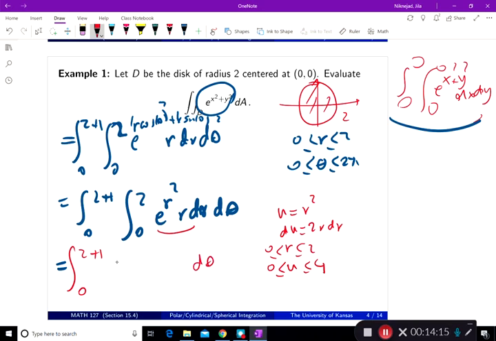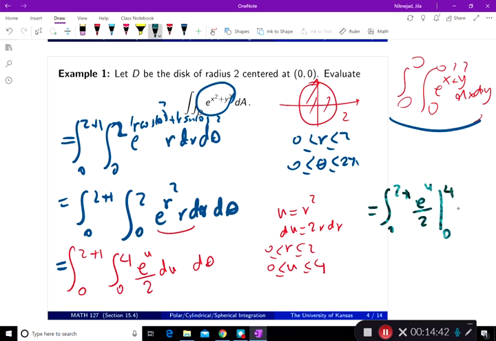The inner integral becomes the integral from 0 to 4 of e to the u divided by 2 du. And then you integrate: 0 to 2 pi, e to the u divided by 2, 0 to 4, d theta.